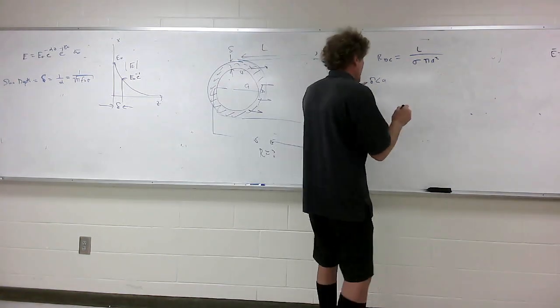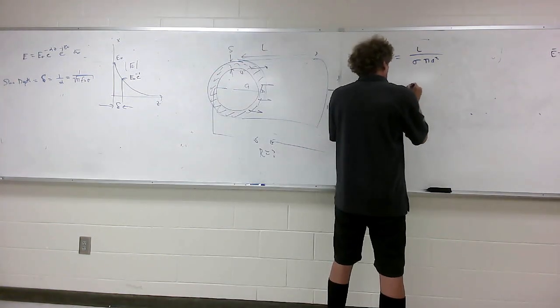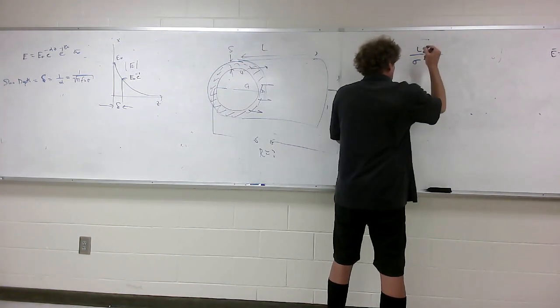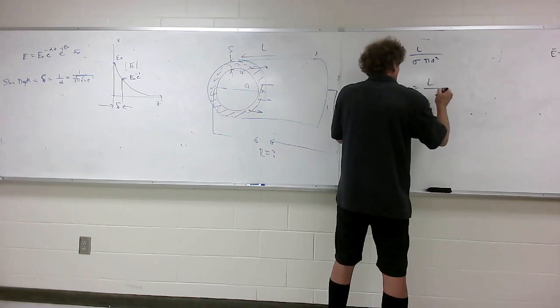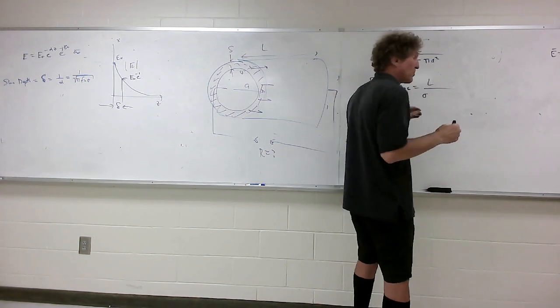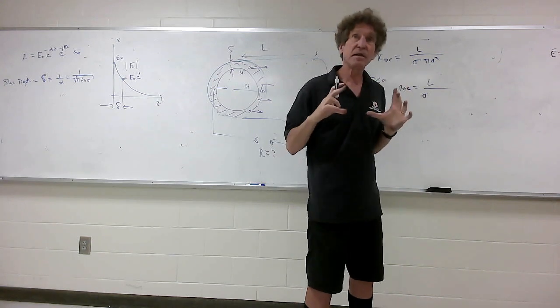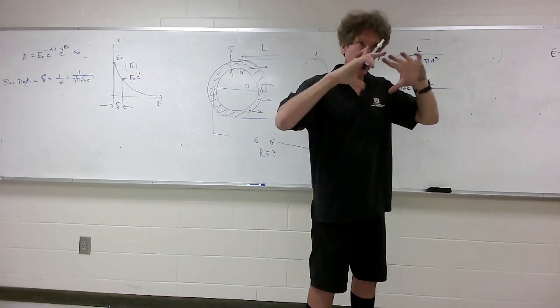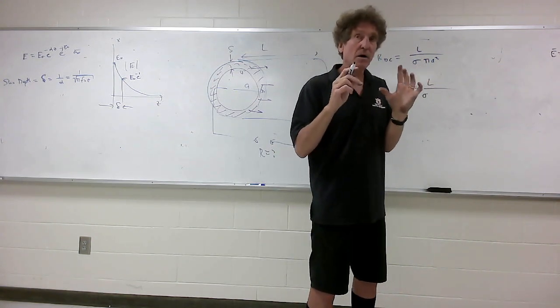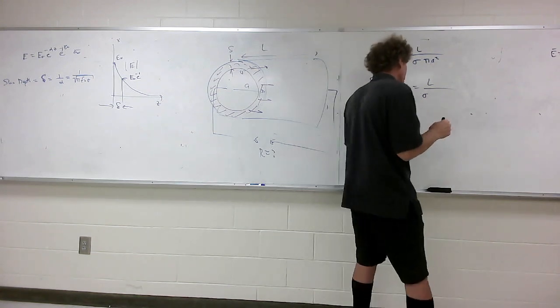That means our AC resistance, therefore, is still going to be proportional to L. It'll still be inversely proportional to sigma, but now it's only the area that I've showed you, that edge area. Well, if you think about that, what is that area?